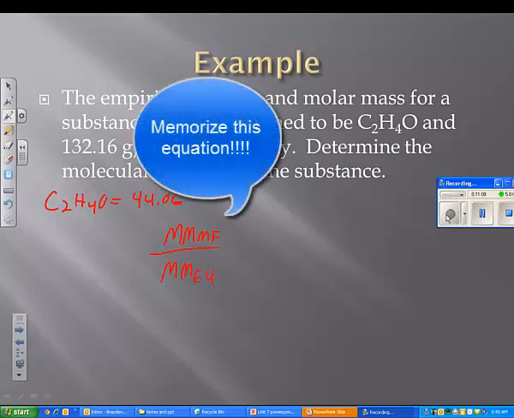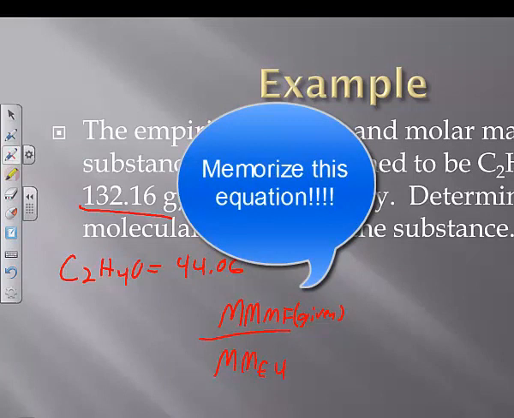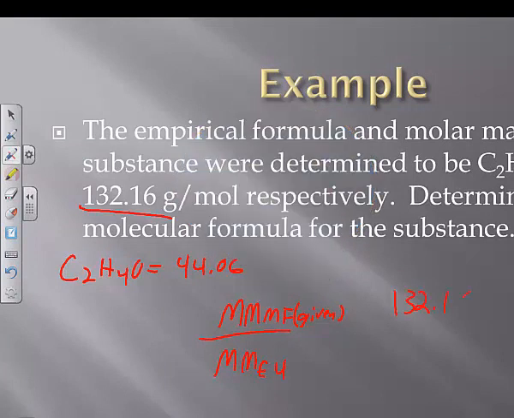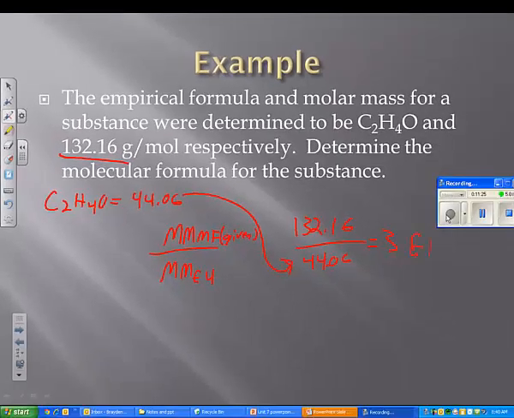So remember, this one's always given, and it's given right here, 132.16. You divide that by the molar mass of the empirical formula, right here, 44.06. That gives us 3, which means we have 3 empirical formula units, 3 EFUs. So now you take that 3 and you multiply it by each of the subscripts in the empirical formula.